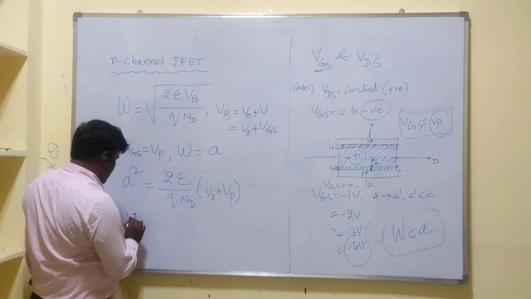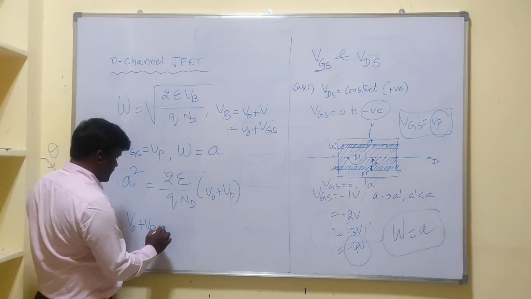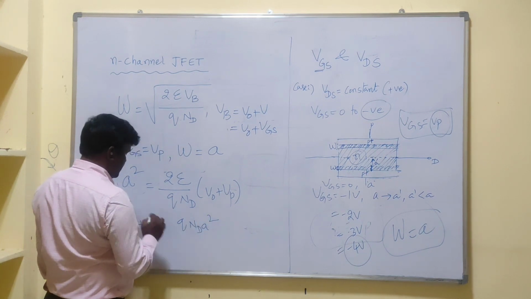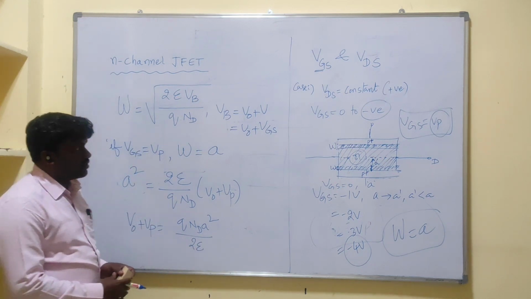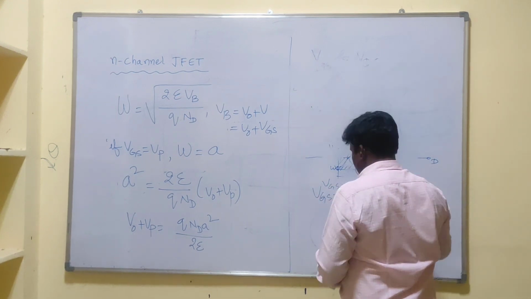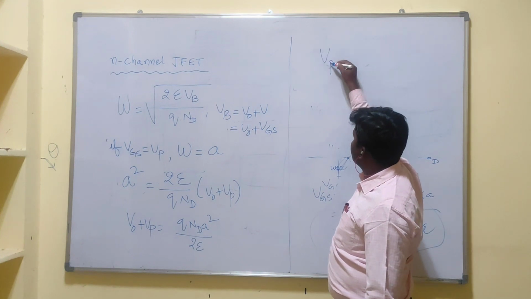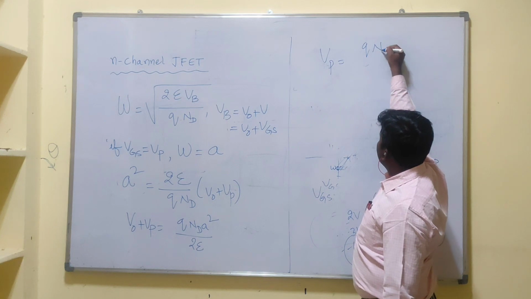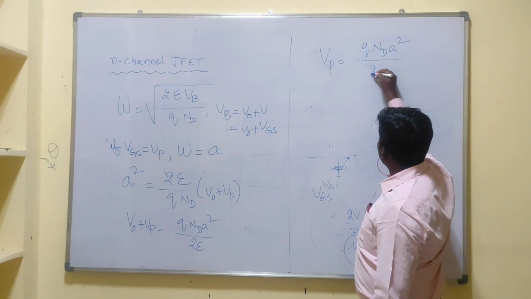Now we can write V0 plus VP is equal to Q into ND A square by 2 epsilon. So we can write the pinch off voltage like this, that is VP is equal to Q into ND A square by 2 epsilon.